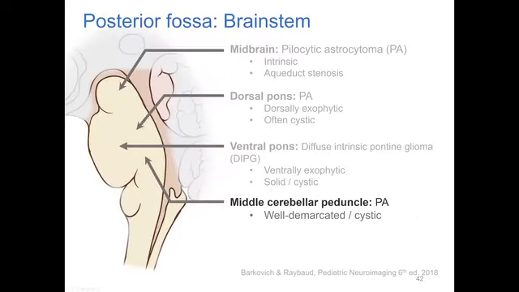Let's move on to the middle cerebellar peduncle. In the middle cerebellar peduncle, the most common tumor, again, is pilocytic astrocytoma. Here you can see a well demarcated tumor, which might have some cystic appearance.